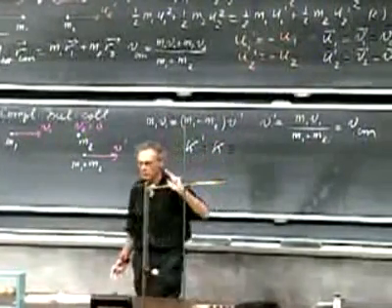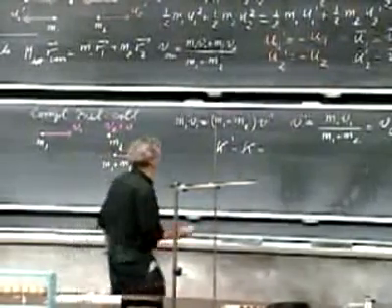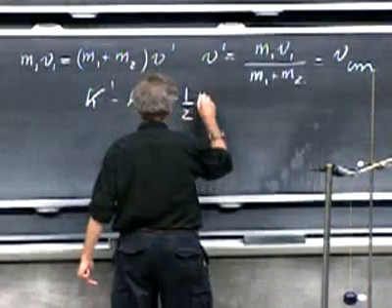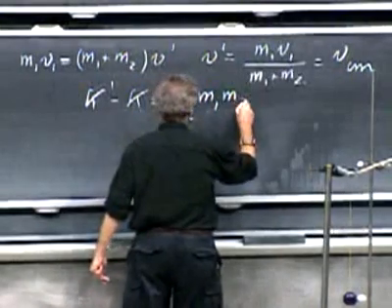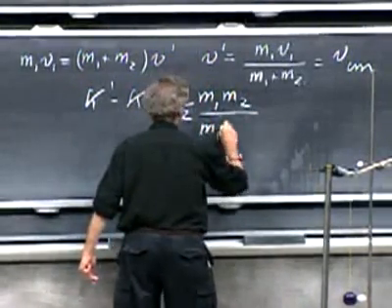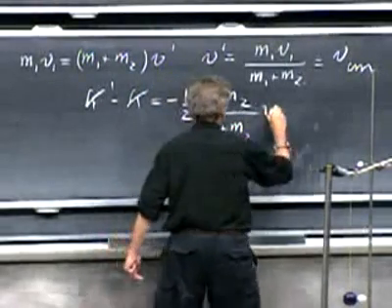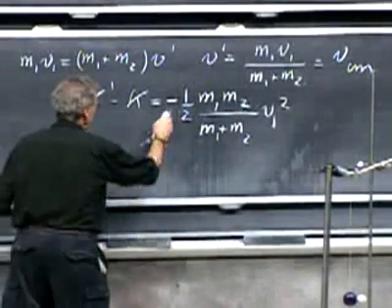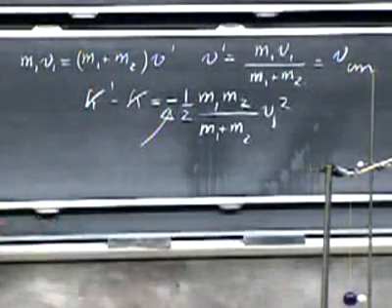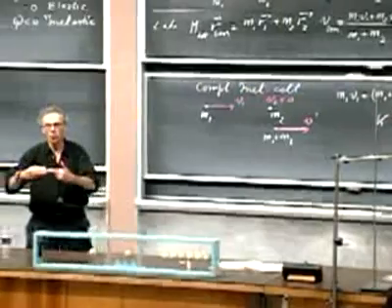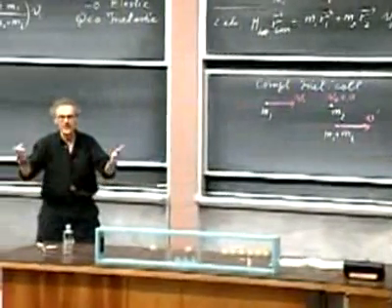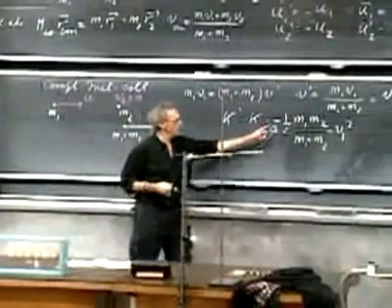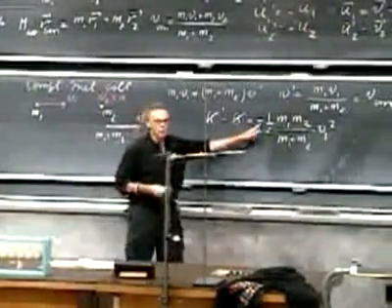I'm sure you can do that, and you will be able to see, after massaging the algebra a little bit, that this equals minus 1/2 m1 m2 divided by m1 plus m2 times v1 squared. That's what you will find. The minus sign is predictable. We lose kinetic energy when there is a completely inelastic collision. We did many last lecture. You lose kinetic energy. We saw it in every single case. That's what the minus sign means. This is Q.